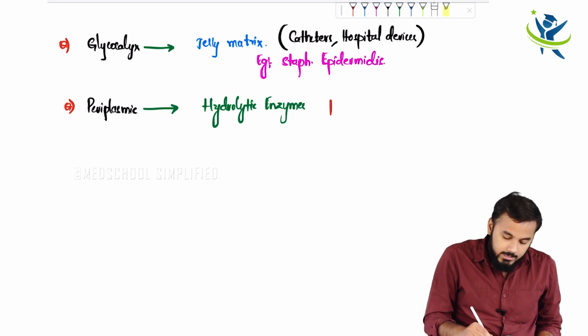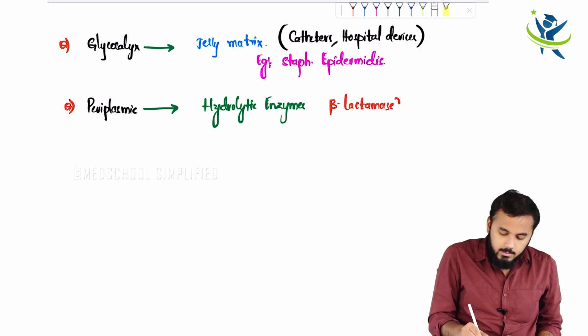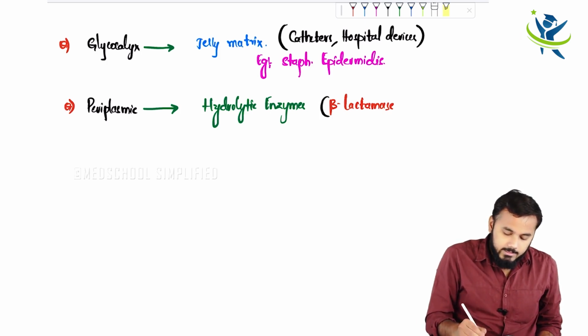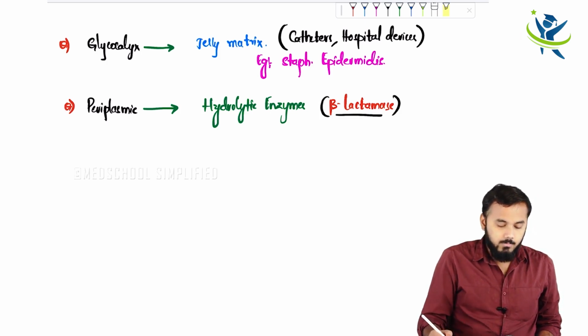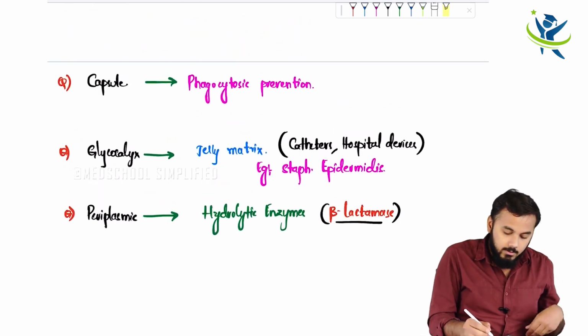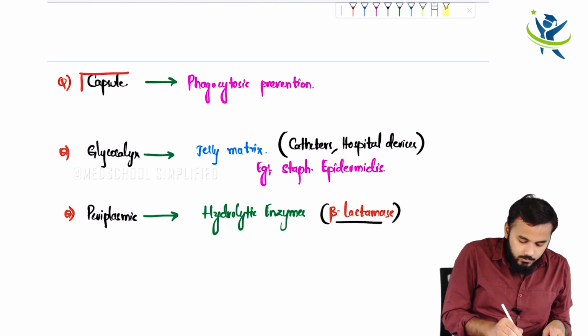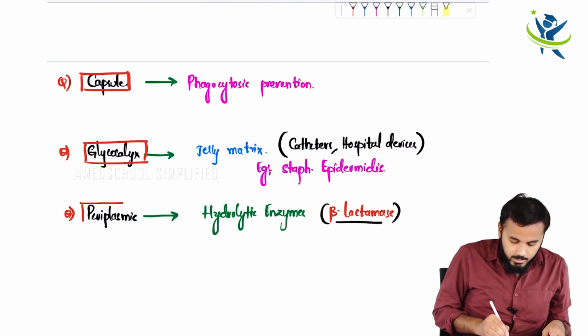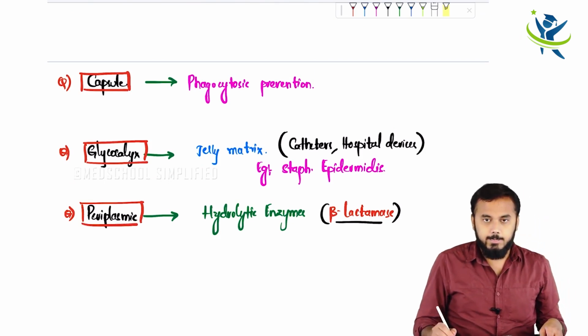One important hydrolytic enzyme is beta lactamase. Beta lactamase is one hydrolytic enzyme. Cool. So these three things, guys, which I've discussed just now, will form an MCQ for you, and this is very, very, very important. You just have to memorize these things.